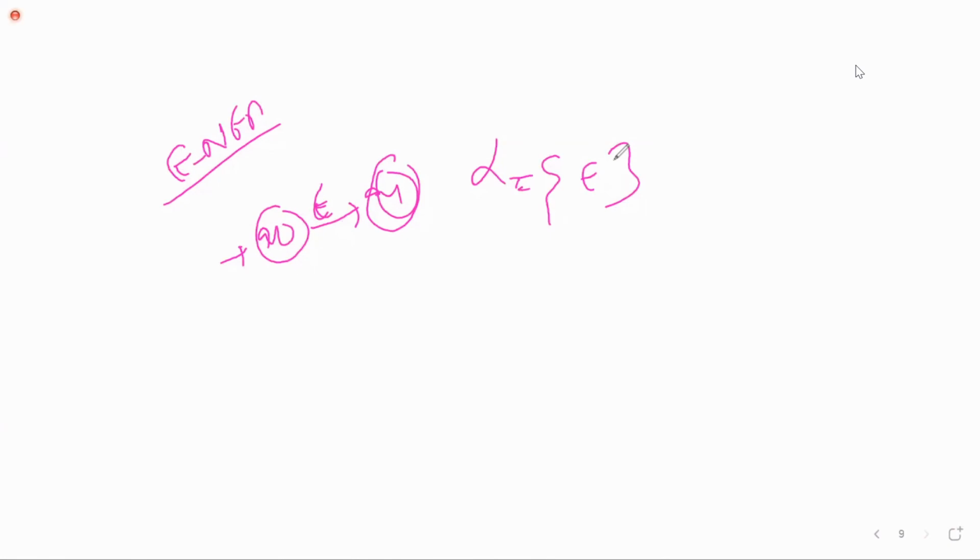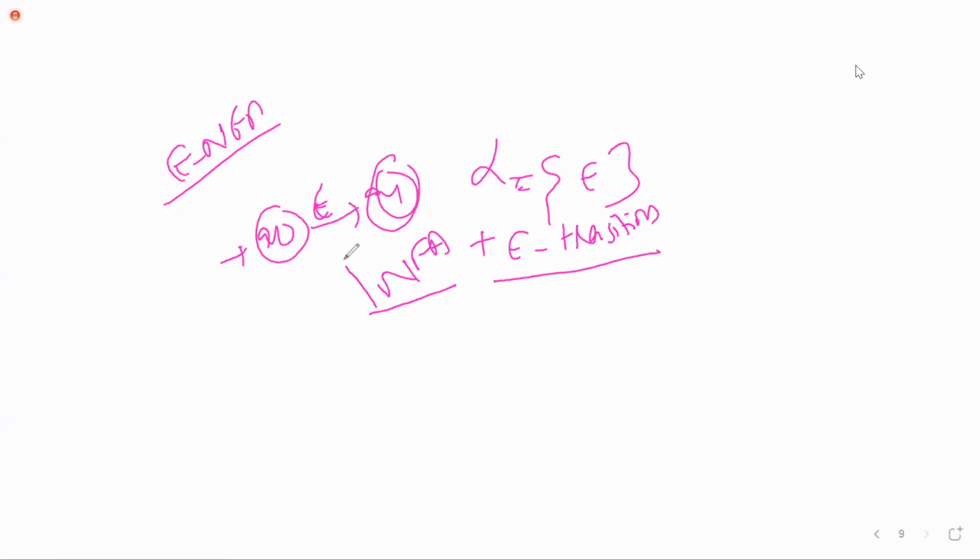The only difference occurs in the transition function delta: Q cross sigma to 2 to the power of Q. Epsilon NFA is NFA plus epsilon transitions.